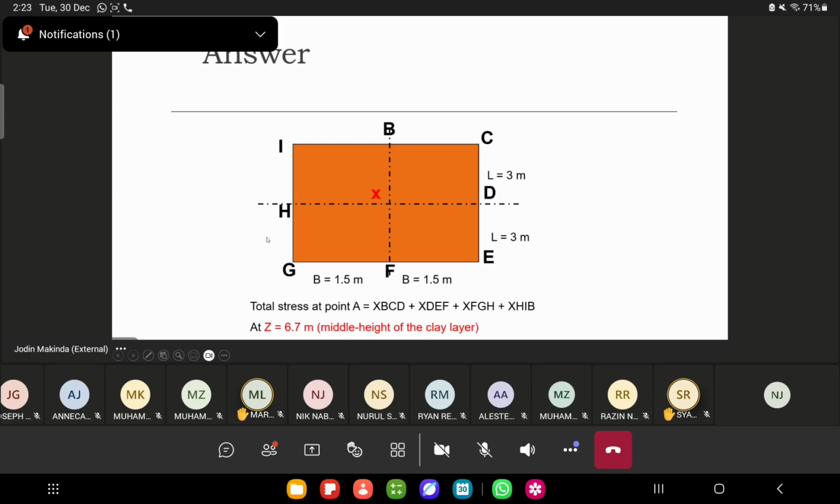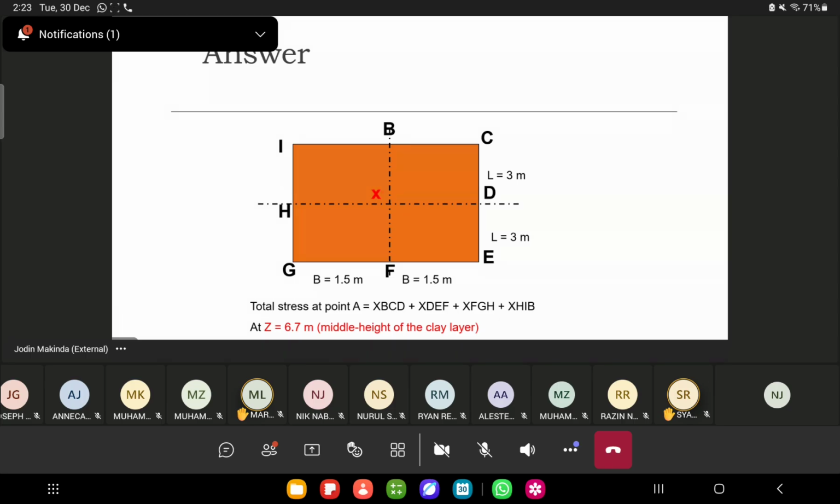So we calculate one by one for the 4 squares. What is the stress at IBXH? What is the stress at BC, DX, XDEF, XFGH? And we total up the stress at this point as your additional stress.